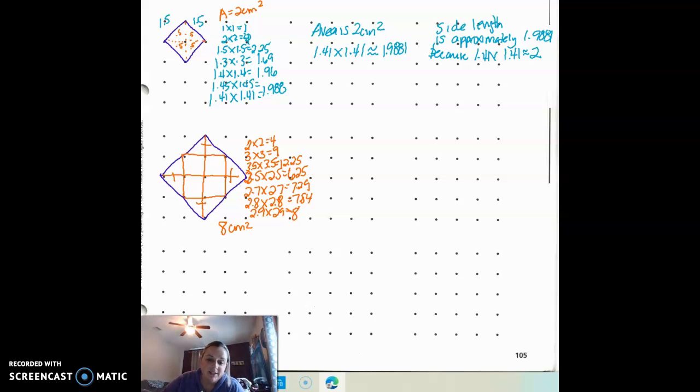So again, we're getting into that situation where I could keep going and keep going. But the closest one we found so far was this 2.8 times 2.8 gives me 7.84. We're looking for an area of 8. So I'm going to say the area is 8 centimeter squares, which gives us a close approximation. 2.8 times 2.8 gives me 7.84.